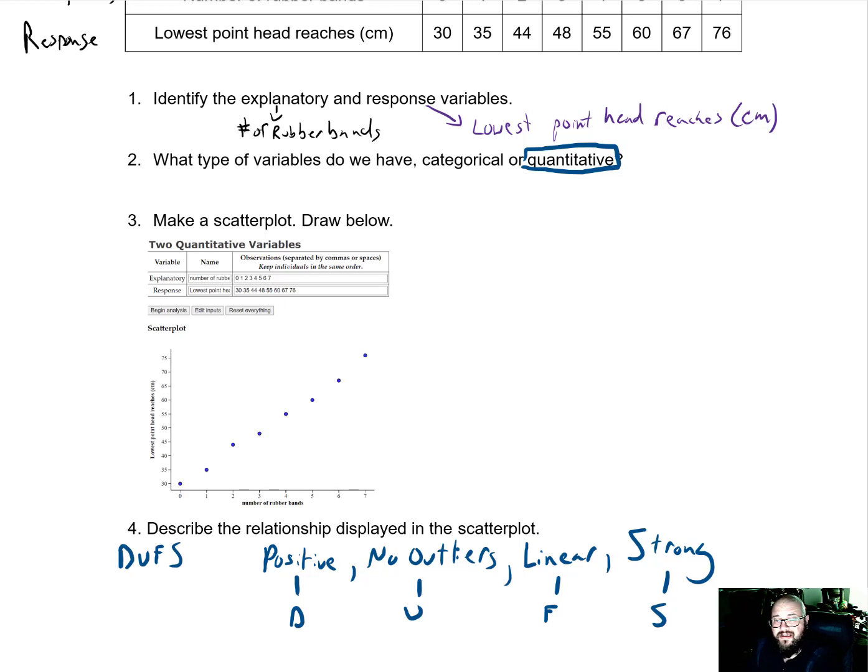Alright guys, and that pretty much takes care of 2.2 with dealing with the quantitative variables and the relationship between them. So again, you're basically taking the two quantitative data points, putting them on a scatter plot, and describing the relationship between them, again using DUFS: direction, unusual outliers, form, and strength. And that should take care of it.